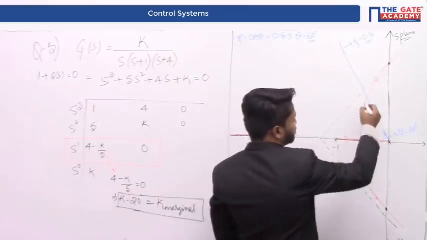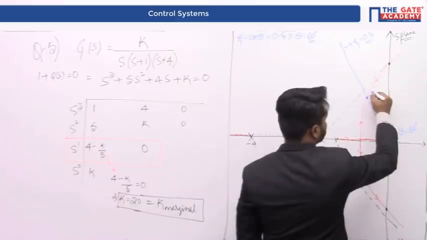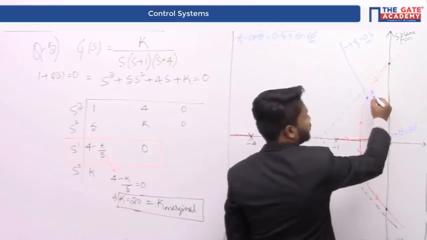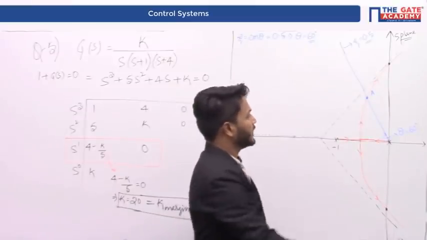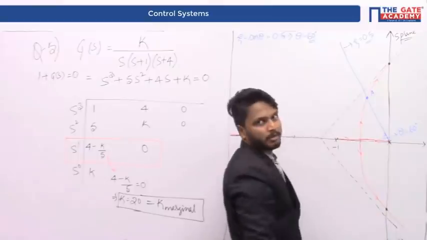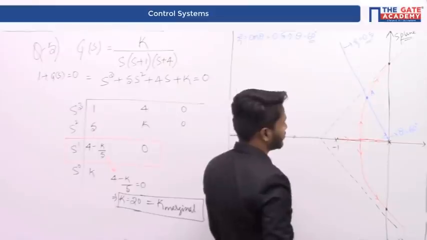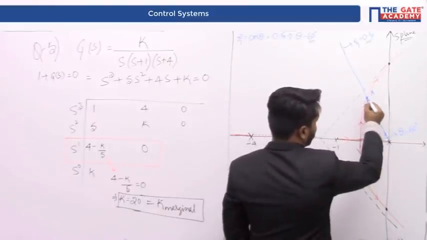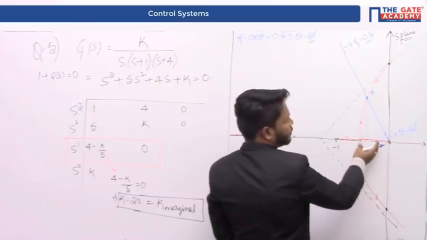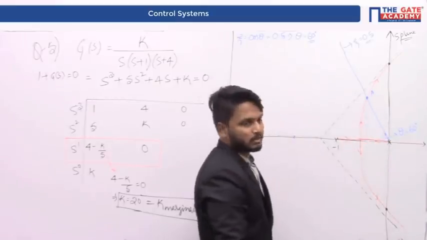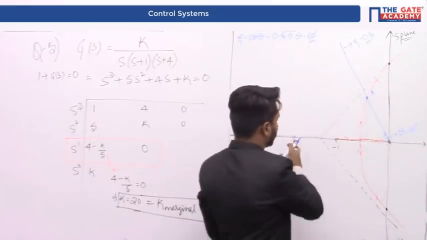So at this point of intersection, let us call it A. At this particular point A, we need to find out the value of k and gain margin if the roots are at this particular point. If at least one root is at this particular point, we need to find out the gain margin. Therefore, in order to find that, we need to find out the length of this point A from each and every pole, right?